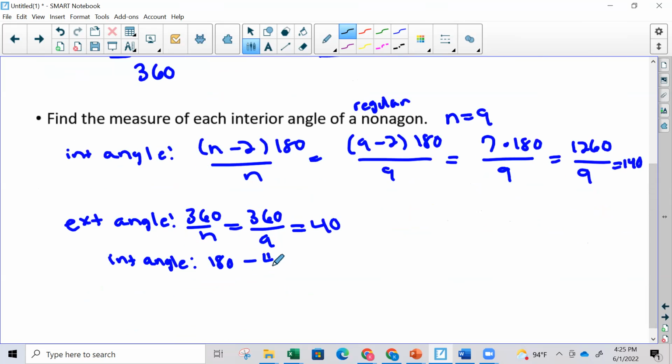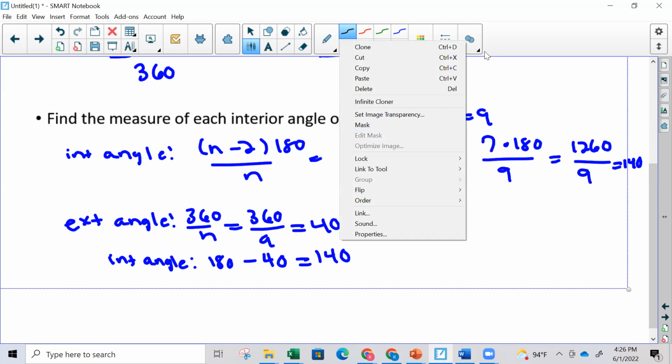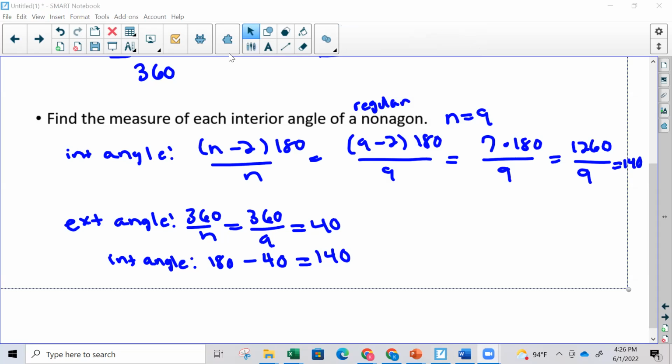So we would do 180 minus 40, which is 140. So that's two different ways to find the angle measures. So that's a few examples. Again, if you have questions, just let me know.